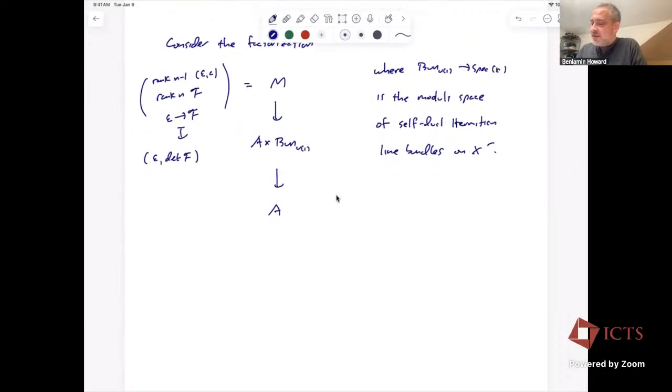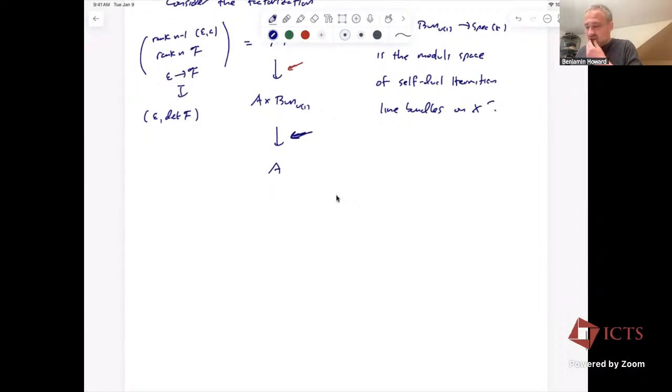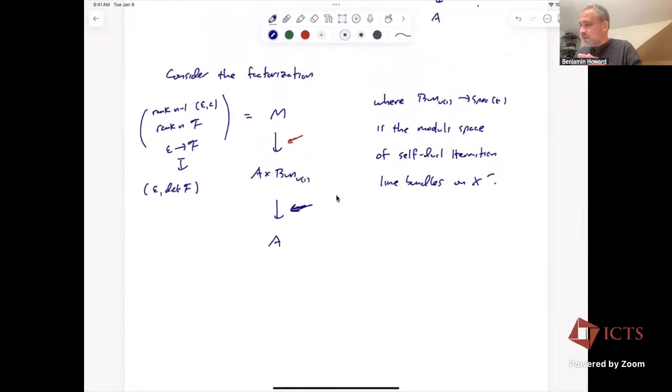And okay, understanding this map on the bottom and understanding its cohomology is the same as understanding the cohomology of Bun U_1. And I claim that somehow this map on top looks a lot more like the Hitchin fibration than we had last time. It's still not finite at all, but it's something that we can understand geometrically. So first, let me say this.